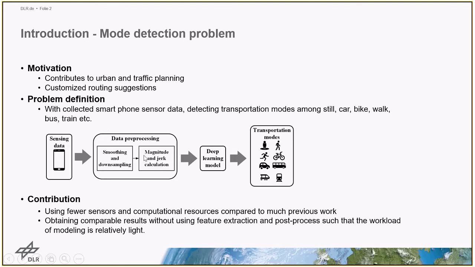Please look at this figure. Once sensing data are collected, the data go into the data processing step, and then train a deep learning model. Finally, a test data item can be classified into different transportation modes.